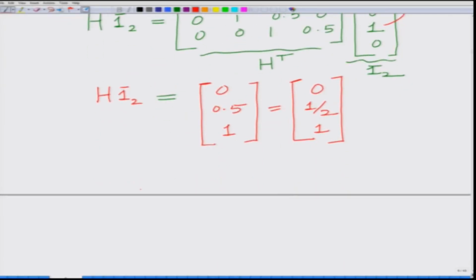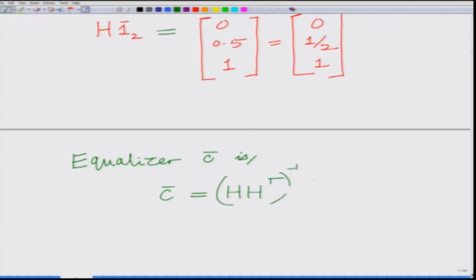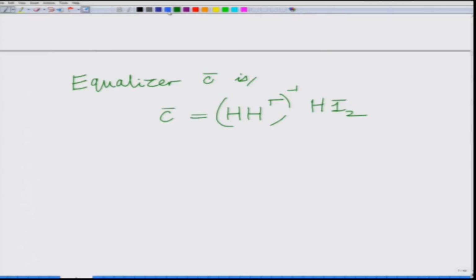Therefore, the equalizer C bar is C bar equals H transpose inverse times H into this matrix 1 bar 2. We have computed both these quantities above.